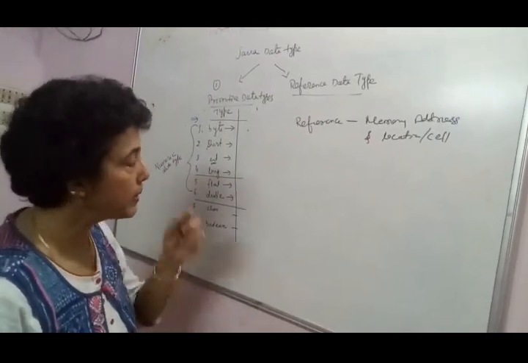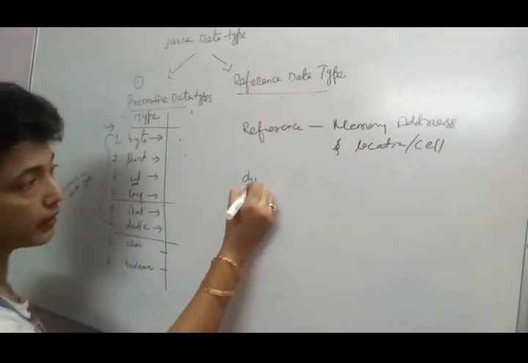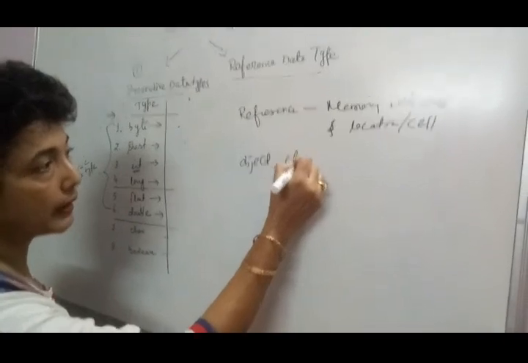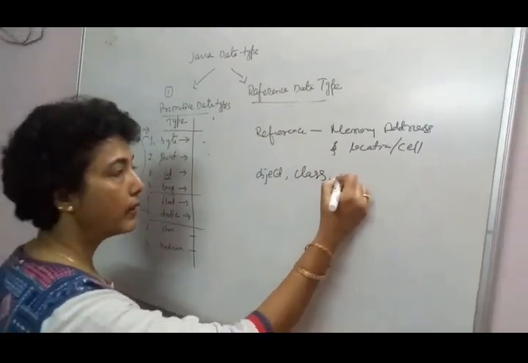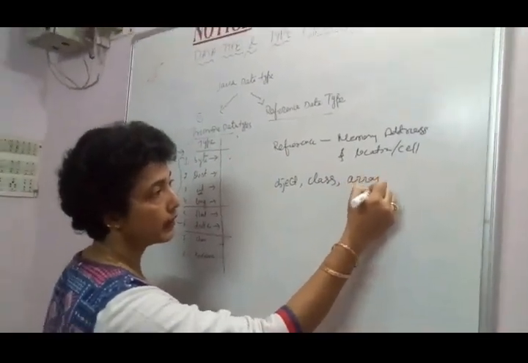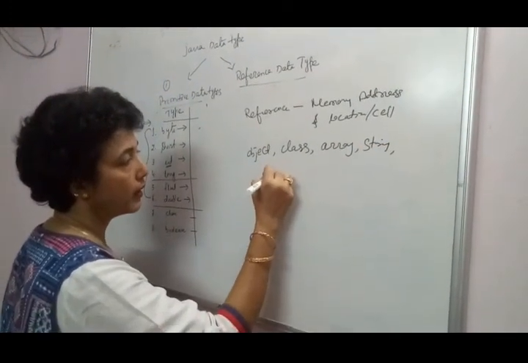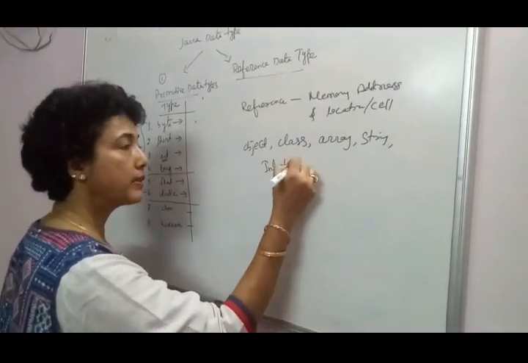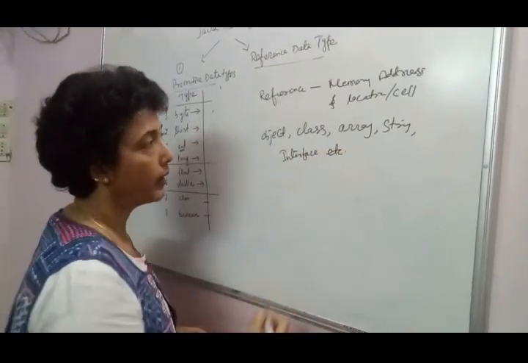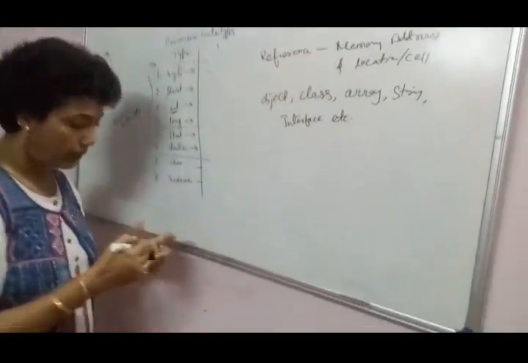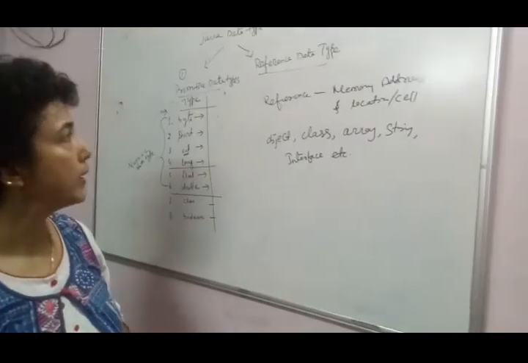Some of the examples are object, class, then array, string, interface, etc. Okay, regarding this we will be learning in the higher classes.